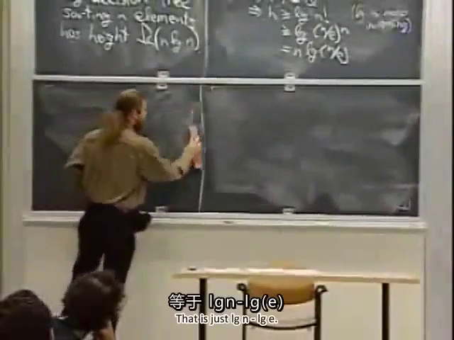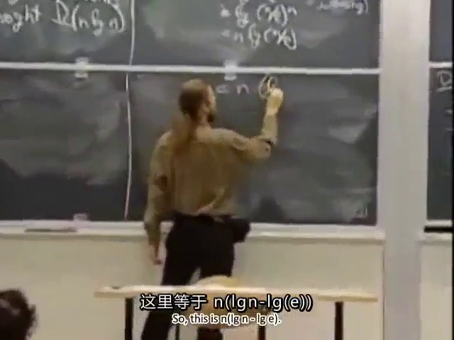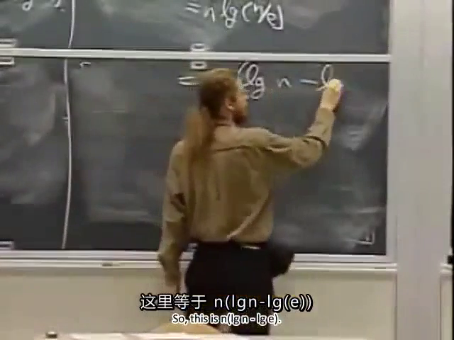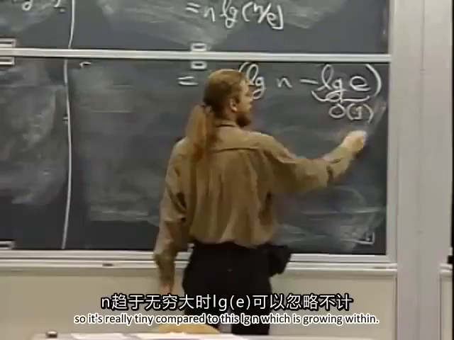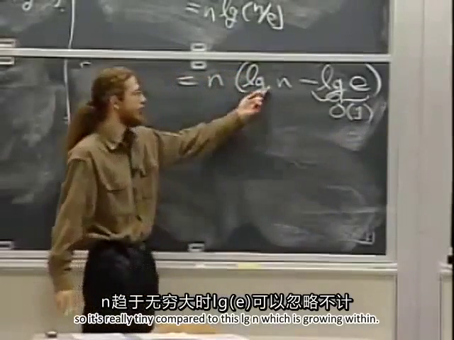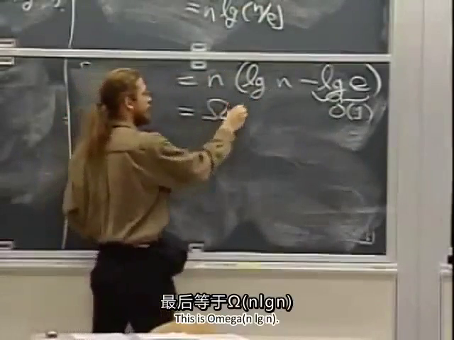That's just log of n minus log of e. So this is n log n minus n log e. Log e is a constant, so it's really tiny compared to this log n, which is growing with n. So this is omega n log n.